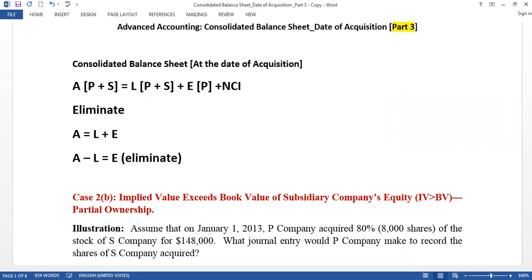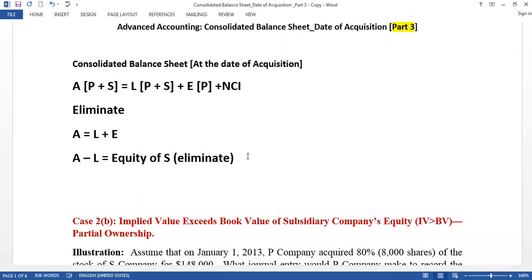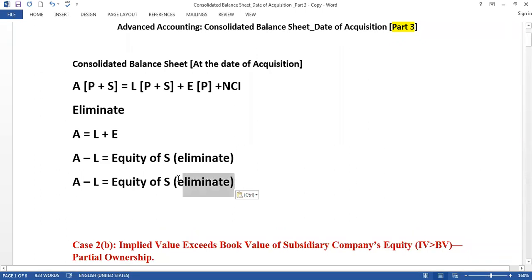This equity account, the equity of the subsidiary company, should be eliminated. Then we have another elimination from this equation. Assets minus liabilities equal net assets.